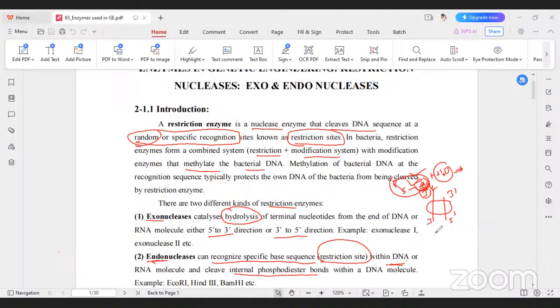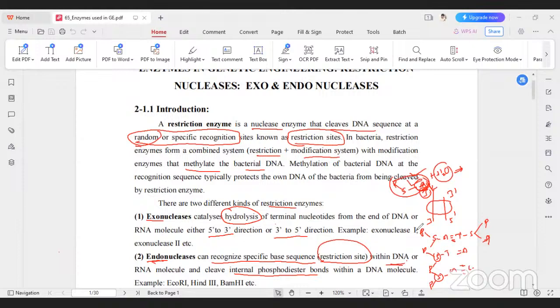But if you take the structure of this sugar, nitrogen bases, thymine, again sugar, phosphate. Again sugar and phosphate, sugar, phosphate. So always sugar phosphate. Here thymine, guanine, thymine opposite adenine, guanine opposite cytosine.